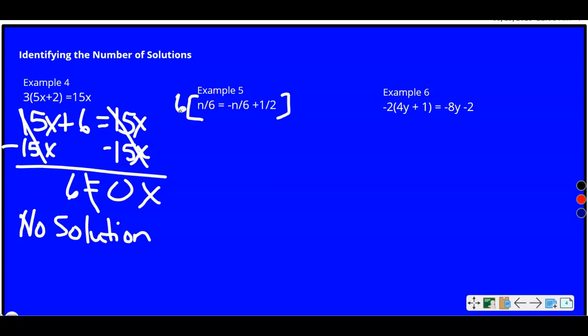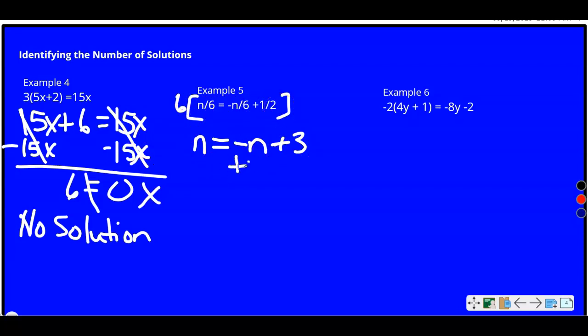So 6 cancels with the denominator here and leaves just n. 6 is going to cancel with the denominator here again as well and leave negative n. And then 6 times 1/2. So what's half of 6 would just be 3. So I'm going to bring down my plus 3. So what I did was multiply the entire equation by the same number, which makes this equation equivalent to this one. It just looks a whole lot nicer without all the fractions here.